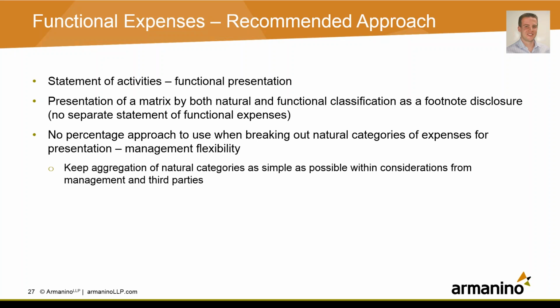It gives you flexibility to present only what you think matters most. So you should consider the users of your financials, boards, financial institutions. Obviously, salaries, facility costs, those will be some of the higher dollar ones, so you'll want to present those. But keep in mind any other individual line items, which may be a little bit smaller, but may be important to those users of the financials. This does give you flexibility to present what you think matters most. And again, keep it simple.